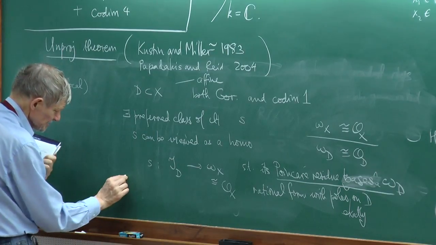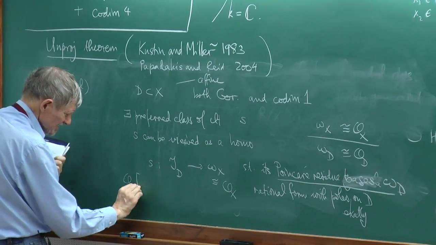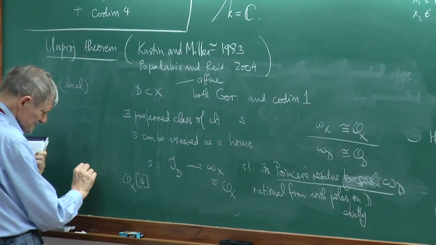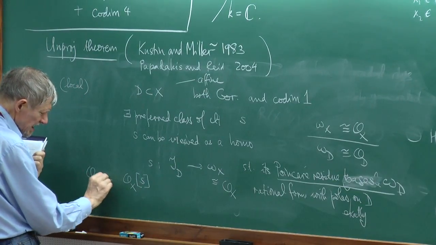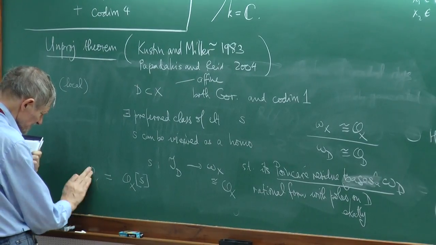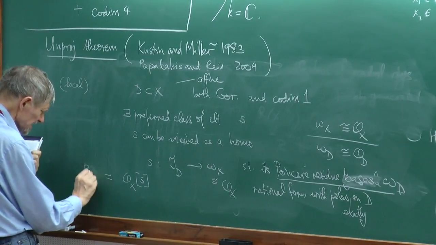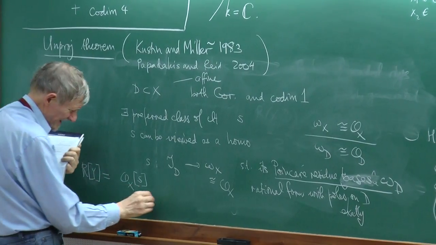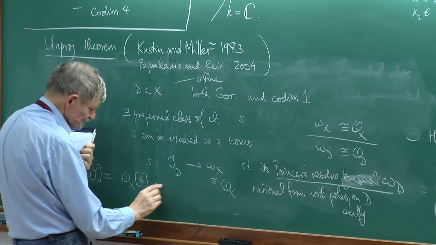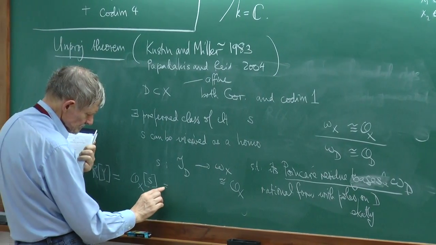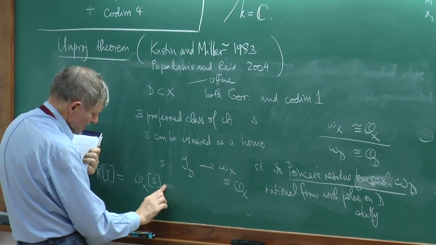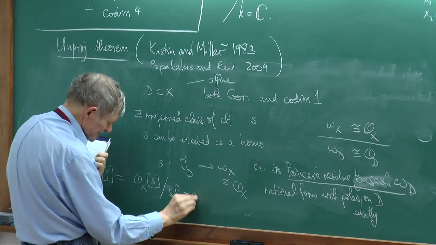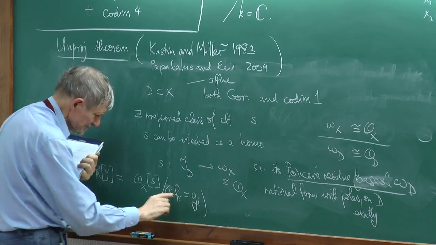And then when I do OX of S, this is going to be called OY, I'm sorry, it should be called RY. I want to write down F S F I equals G I. Let me explain this.